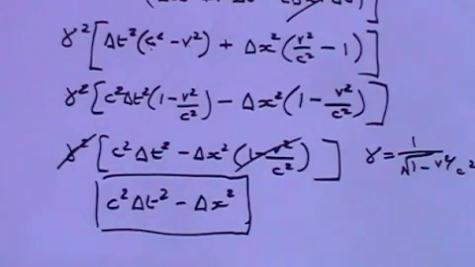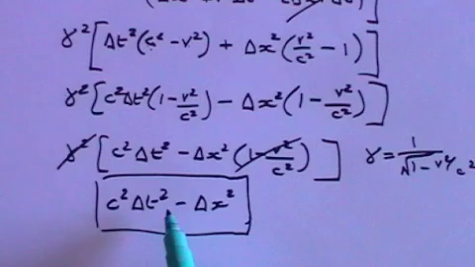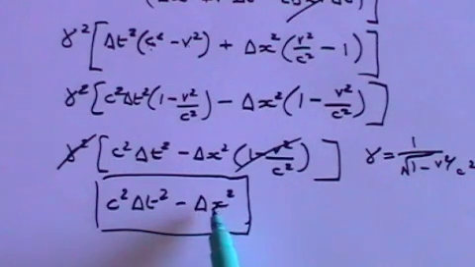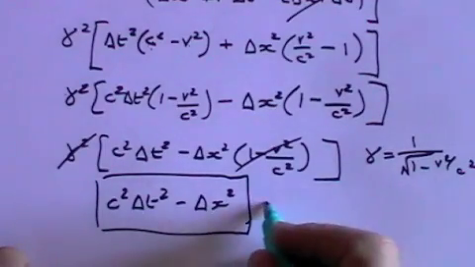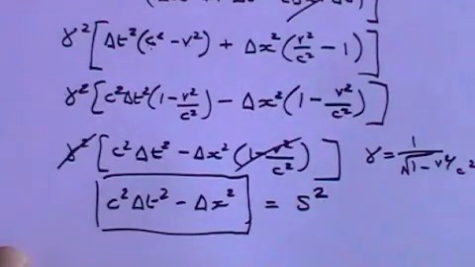In other words, both observers, however they may differ in their measurements of delta t or delta x, will always agree that c squared times delta t or delta t prime squared minus delta x or delta x prime squared is a constant, and that we call s squared.